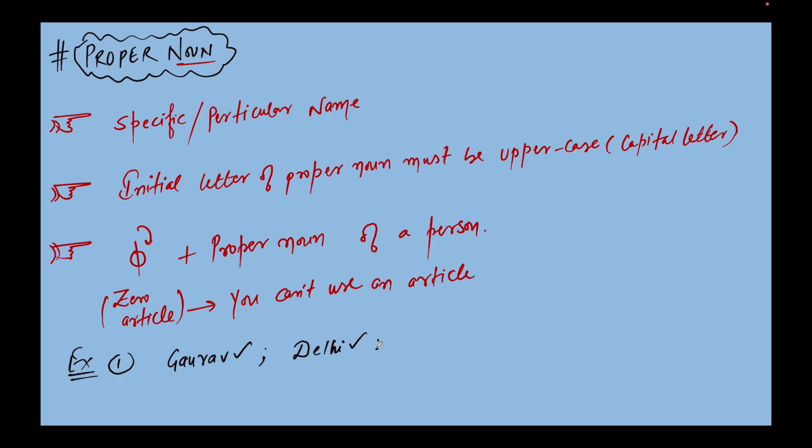So it is absolutely right here. If I take iPhone, you can't say an iPhone or the iPhone. You can't take any article just before a particular, or you can say proper noun, and so on. I hope it is clear to you.